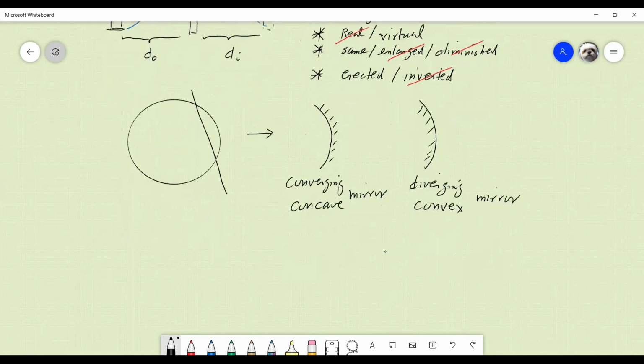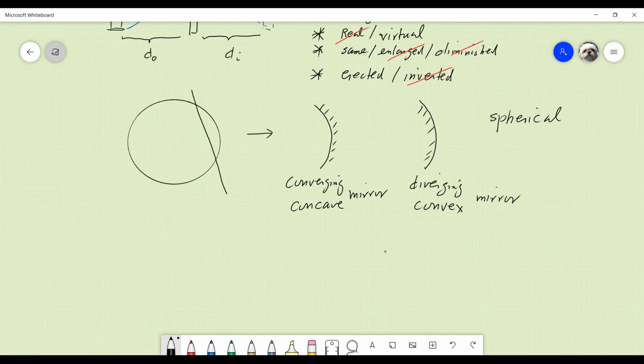This type of mirror we call a spherical mirror. Why is it called spherical? Because they are a piece of a sphere. You're cutting a piece of sphere out, right? So we call them a spherical mirror.